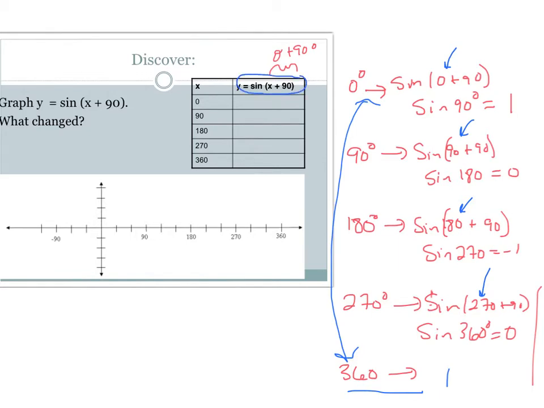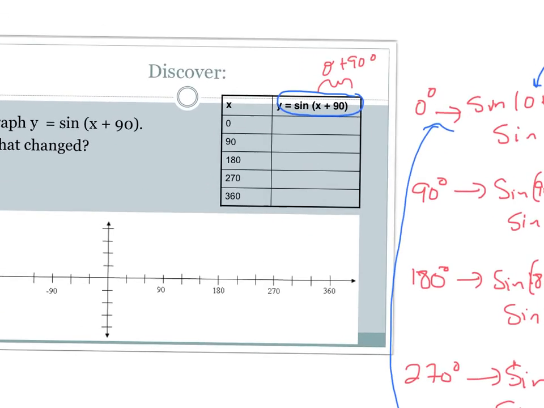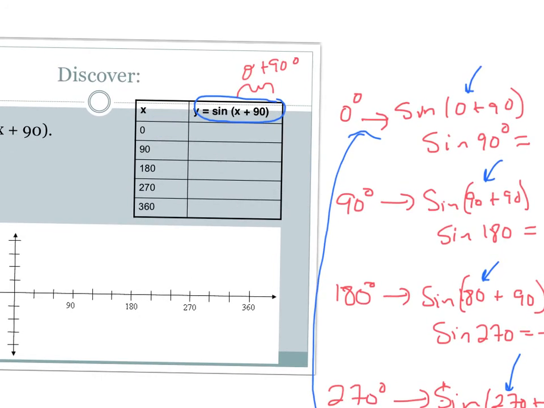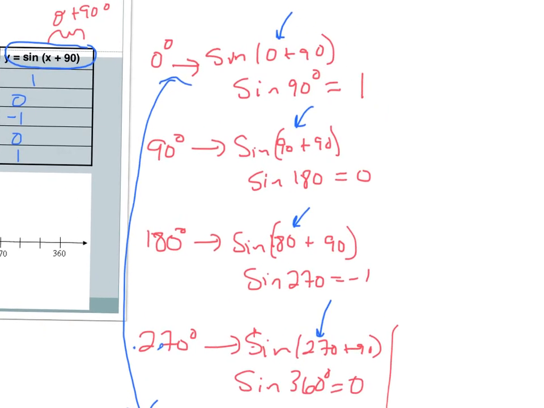So I add the 90, and then what's my trig value? I get 1, 0, -1, 0, and 1. I'm just using the information I got right here.